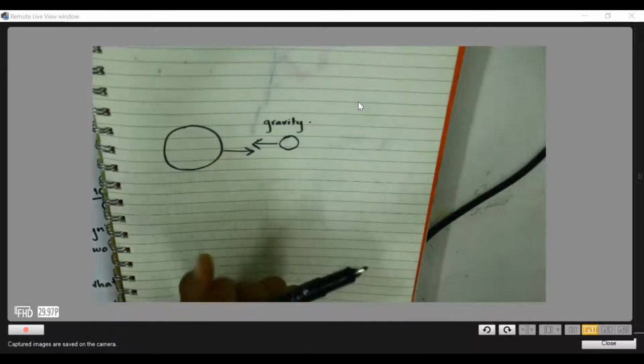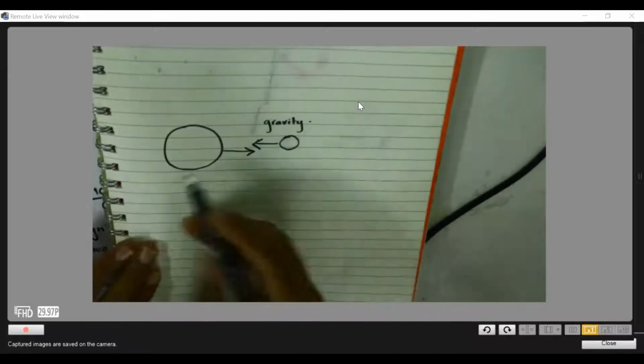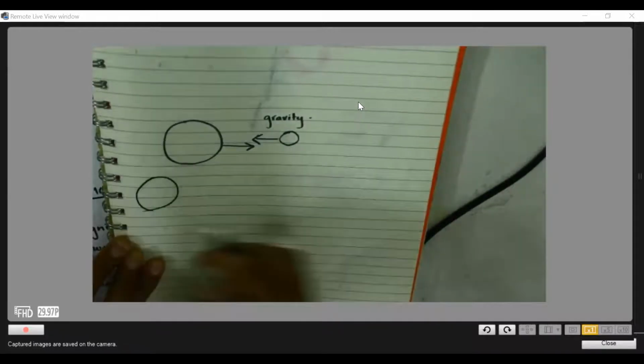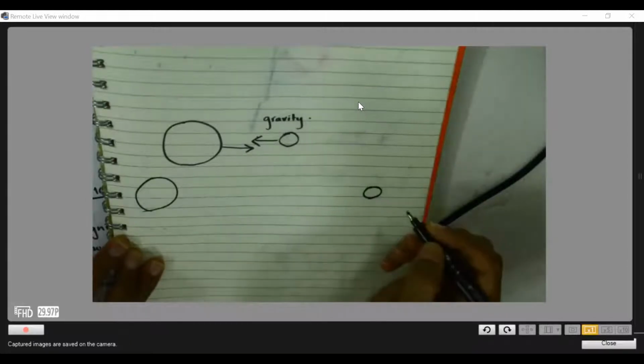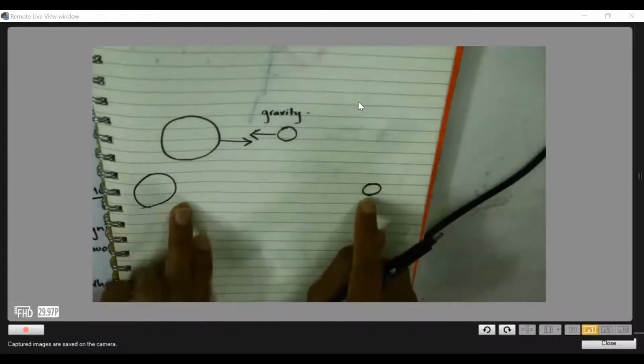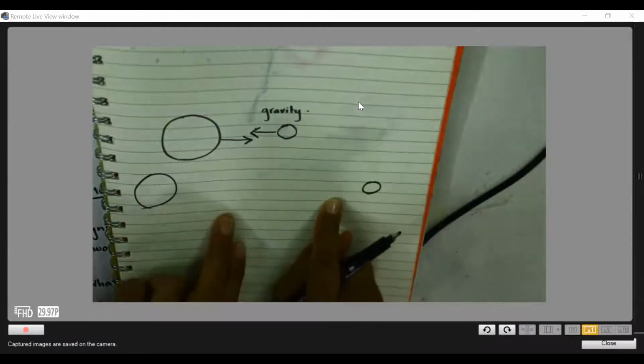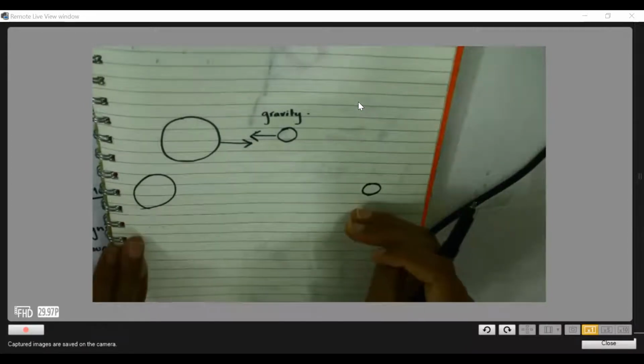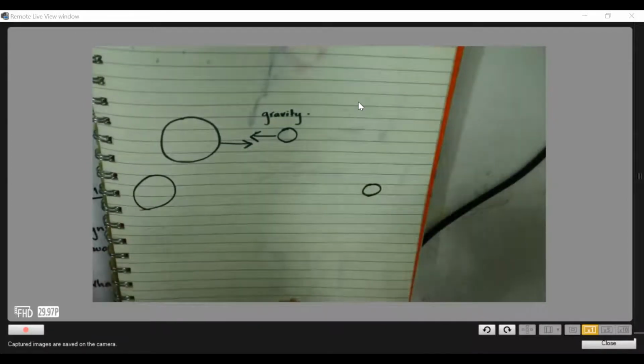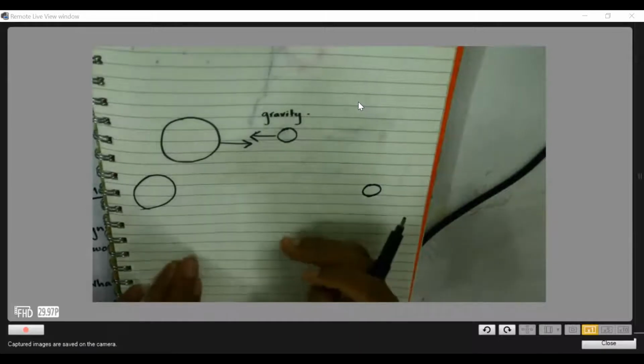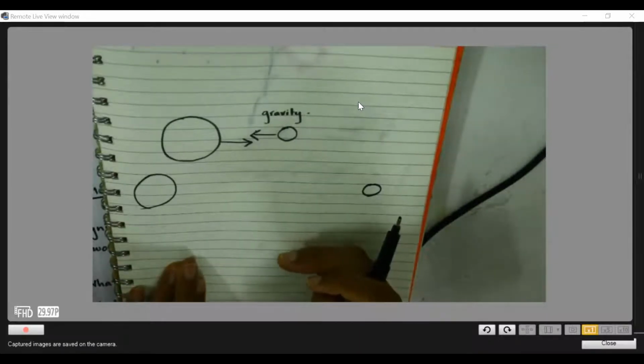If I increase the distance between them, if I take them far away from each other, again the pull will get weaker. As the distance increases between them, the attractive pull becomes weaker. Do you understand?